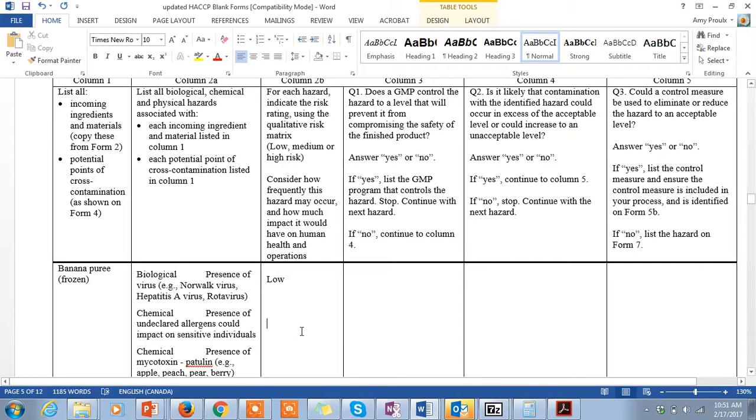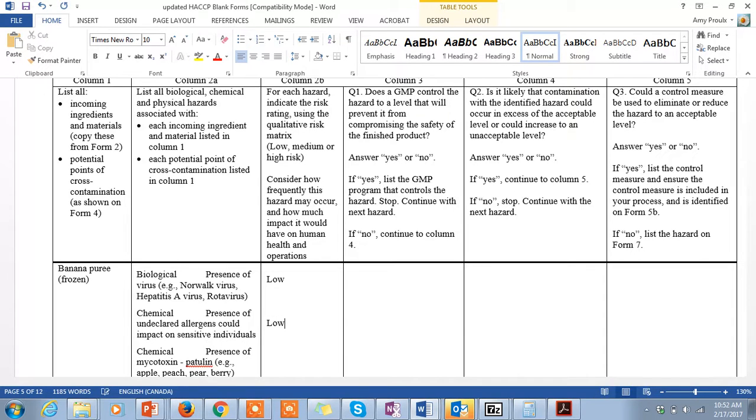Are they coming from a GFSI certified supplier where they're going to make sure that this sort of cross-contamination is not going to happen? Whereas if you are buying something at a farmer's market and you do not necessarily have control over the quality and the nature of the product, you may decide that it's going to be a higher risk profile.